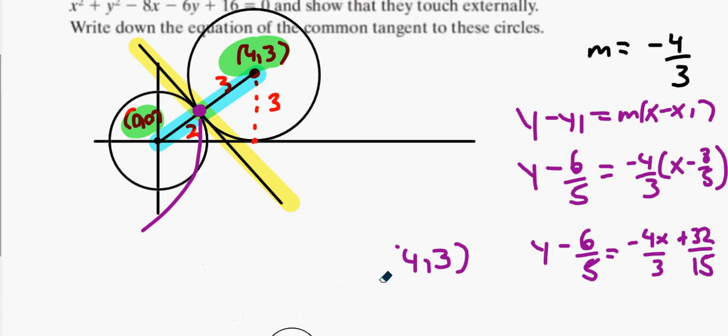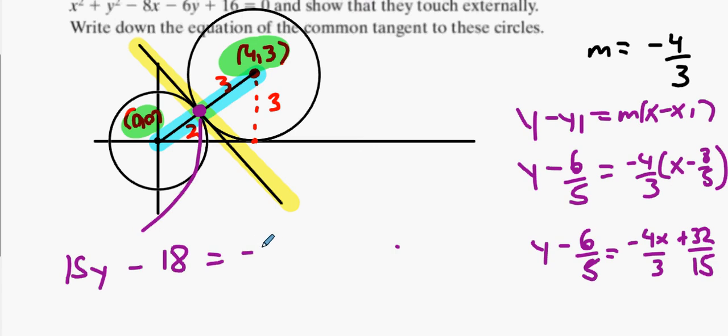Common denominator, lads? What's the common denominator? So what do I do when I add, so multiply both, I put everything over 15. So what happens to the y? What happens to the 6? 18, yeah. What happens to the 4x? Minus 20x, yeah.